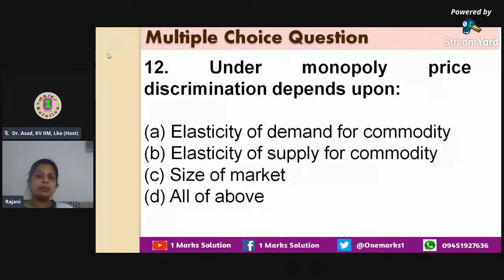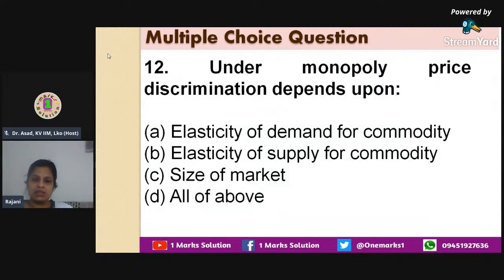Under monopoly, price discrimination depends upon... Just now we discussed this. On what basis is a monopoly adopting different price strategies for different targeted groups?